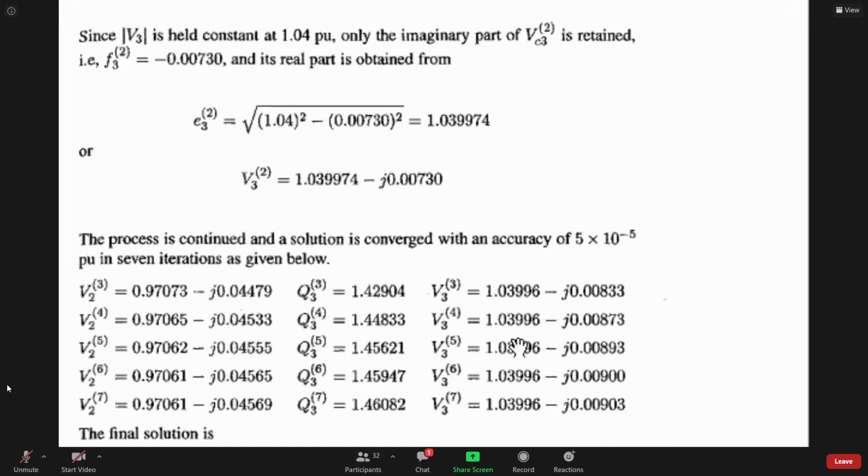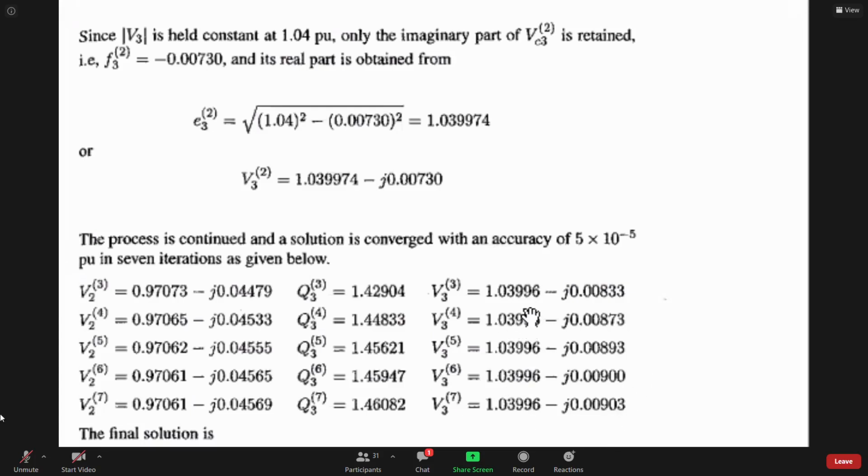Actually, what does it mean? It means that from the iterative response, we find the deviation between 2 consecutive results. 10 to the power minus 5 means 1, 2, 3, 4, 5, so the 5th digit will have the deviated result.